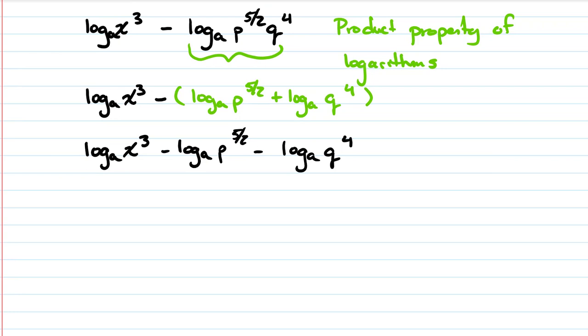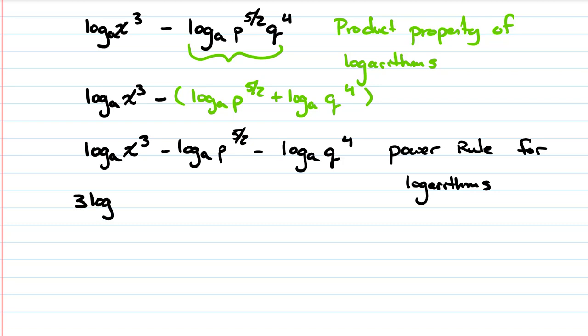And then finally, by the power rule, we bring all of our exponents out in front, and we get 3 times logarithm base a of x minus 5/2 logarithm base a of p minus 4 times logarithm base a of q.